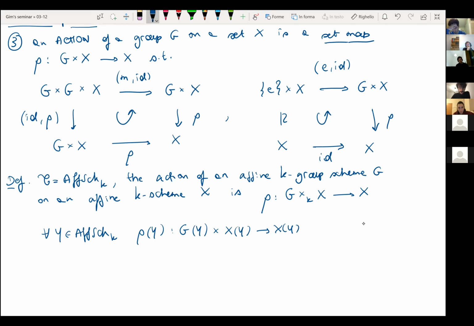And on points, we recover actions of groups on sets. So I recall that G of Y is the group of morphisms from Y to G, while X of Y is the set of morphisms from Y to X.